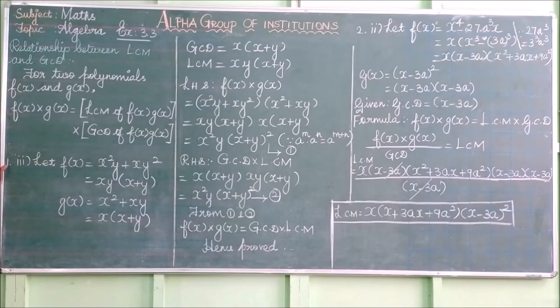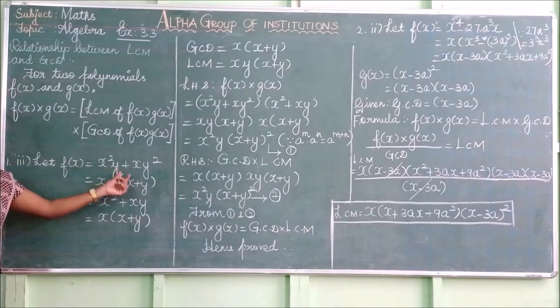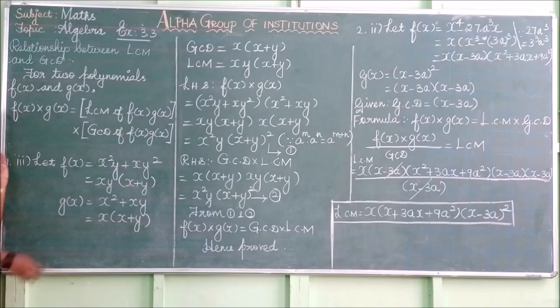So first question, look at the third question. What's the third question? x squared y plus x y squared, comma, x squared plus x y. Take first function f of x equal to x squared y plus x y squared. Look at this.